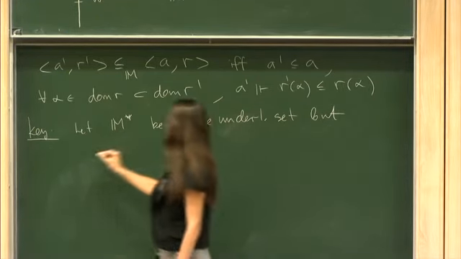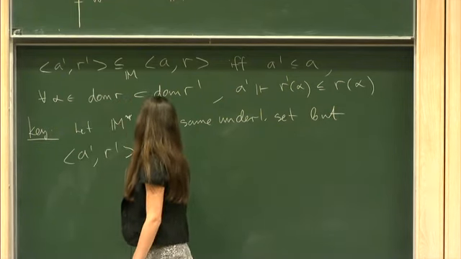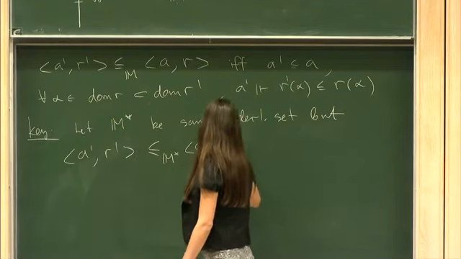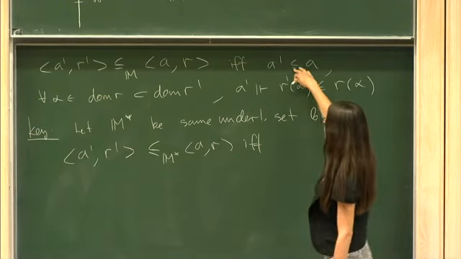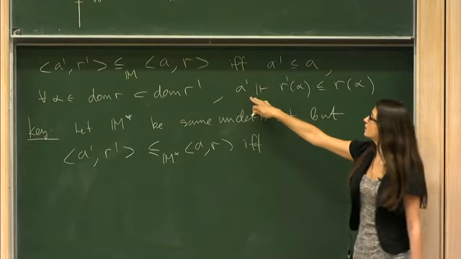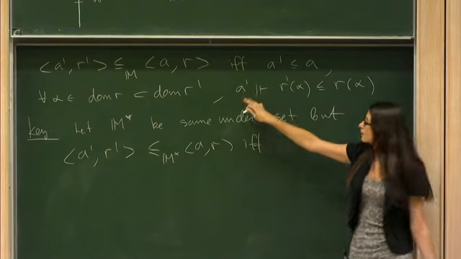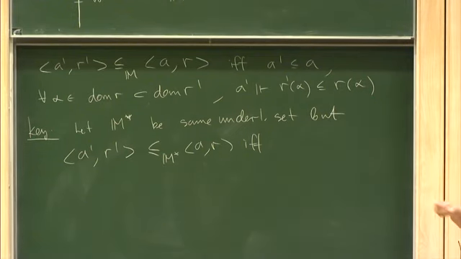So the order for M star is (A', R') is stronger than (A, R) if, so this is the same, but here in the third item, instead of A', we take 1. Okay. So this removes the interaction between the two coordinates.